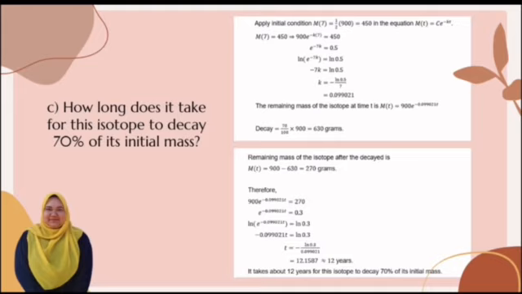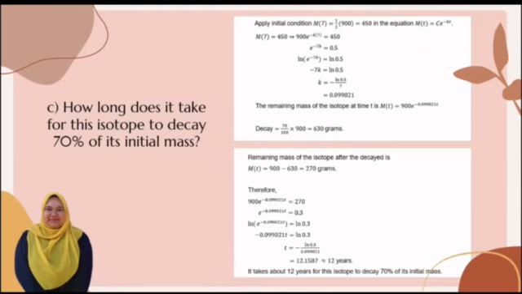Next, we need to apply ln to both sides so that we can solve the exponential in the equation. So, we get negative 7k equals ln 0.5. Divide ln 0.5 by negative 7 and we will get k equals 0.099021.